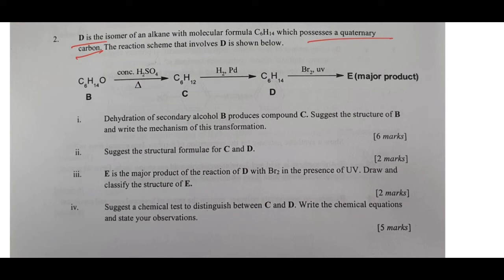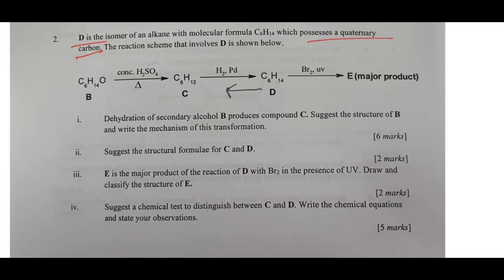Okay, this is the quaternary carbon. This is the possibility of the quaternary carbon, right? This carbon can become a quaternary. Let's say this is our D, for example. So we have to work backwards now. We have to work backwards to get the C.